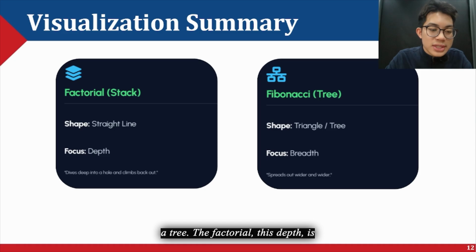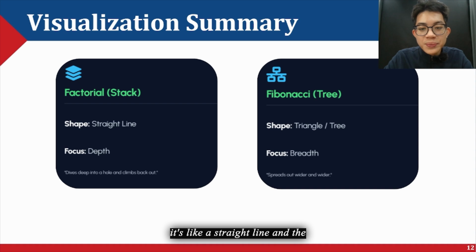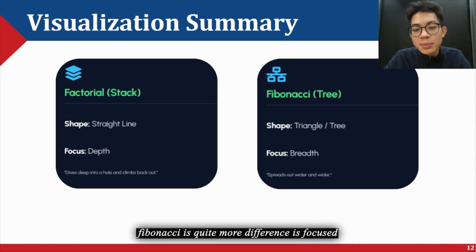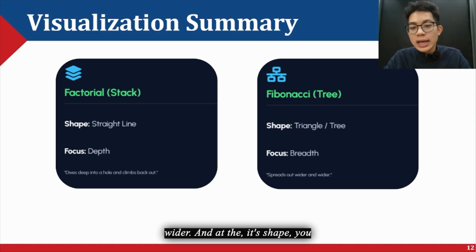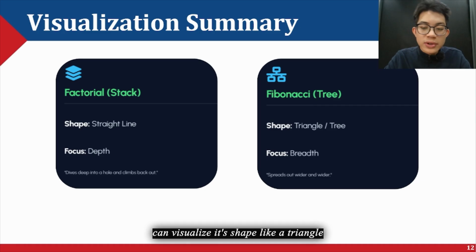The factorial is dive deep into a hole and climb back out, and you can imagine it's like a straight line, and the Fibonacci is kind of different. It's focused on breadth, and it's spread out wider and wider. And in its shape, you can visualize it's shaped like a triangle or a tree.